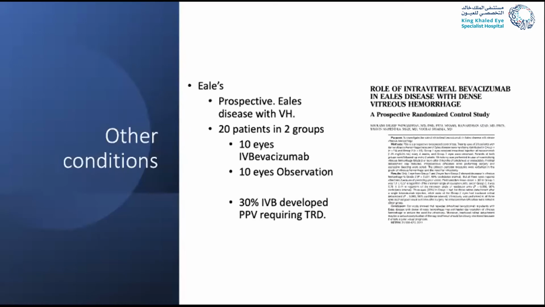They found that in the Avastin eyes, around 30% would eventually develop a TRD, requiring PPV and with a guarded visual prognosis, whereas 0 of the eyes that were observed would eventually develop a proliferative tractional retinal detachment.